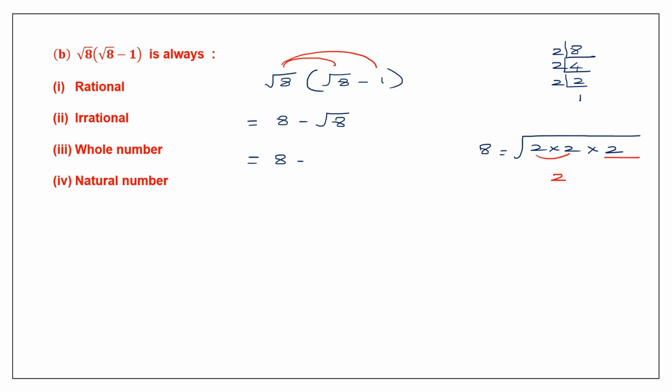Now this one doesn't have a pair, so that remains as root 2. So when I have to write this here, I write 2 into root 2. So 2 root 2. As you can see, we still have the square root of 2 here. That means it is an irrational number. So this expression is an irrational number. It's always irrational.